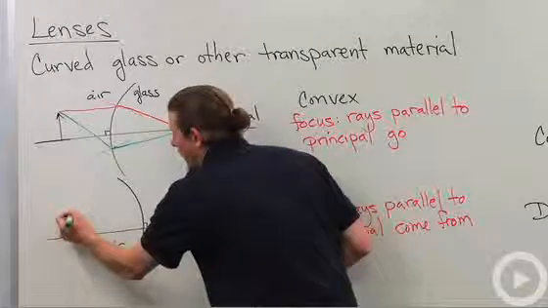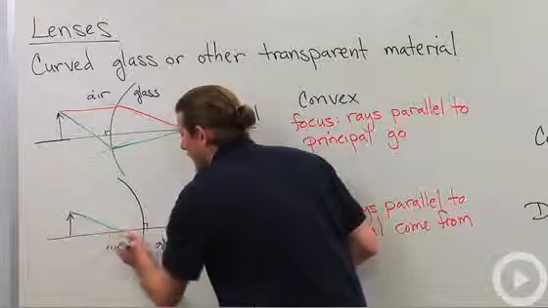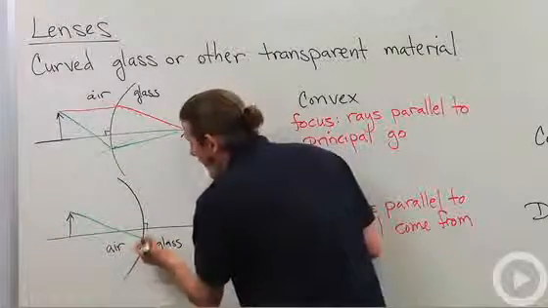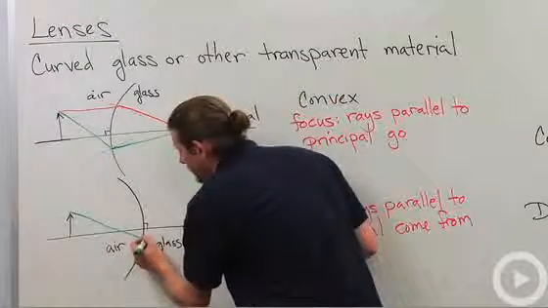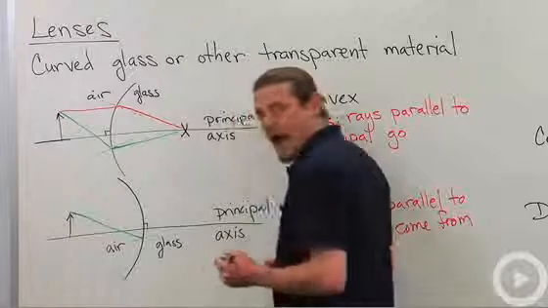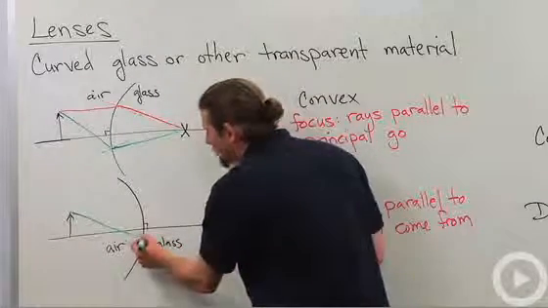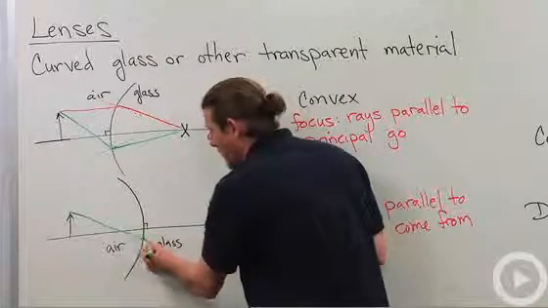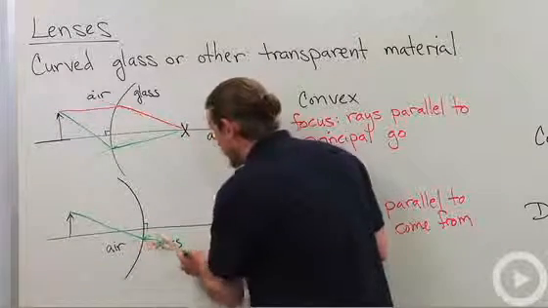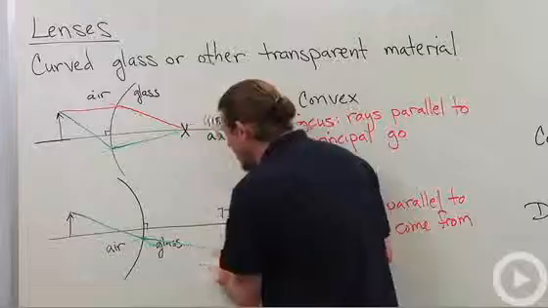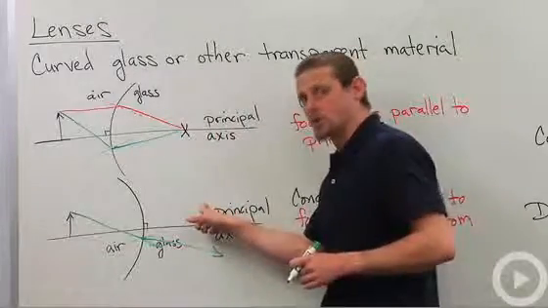It's going to come down like this. And then again, we need our normal. Our normal is that way. And again, we bend toward the normal, just like this.